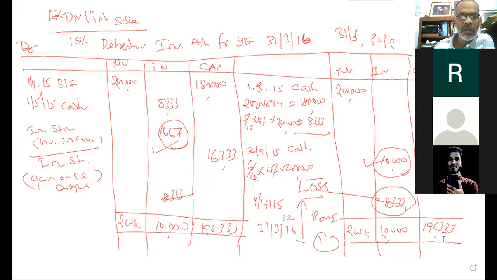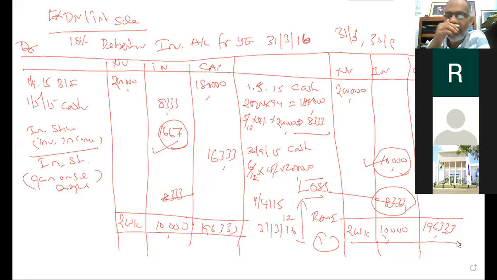No. Not visible. Oh, not visible. New share. What about this one? No, sir. Cum dividend interest basis cannot see. On the screen, what is there? Whiteboard is there. Yes, sir. Whiteboard is here. Oh, new share. Investment.